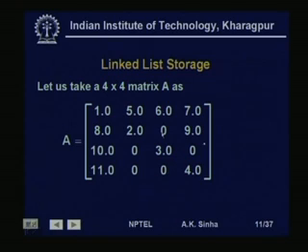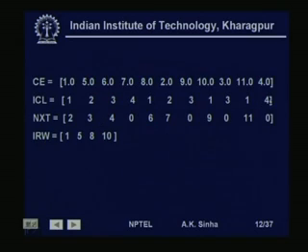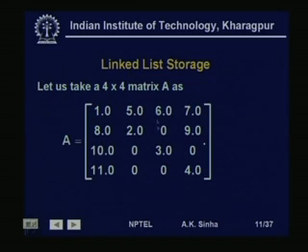Now, here we do not have any space for storing this. So, this has to be stored only at the end. When we store this at the end, we will have to indicate that this element is coming after this 2.